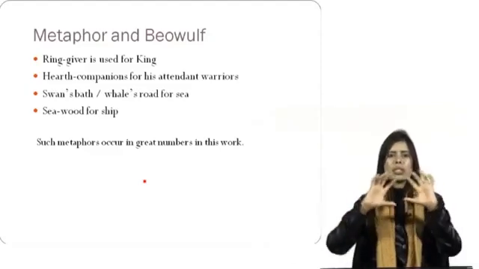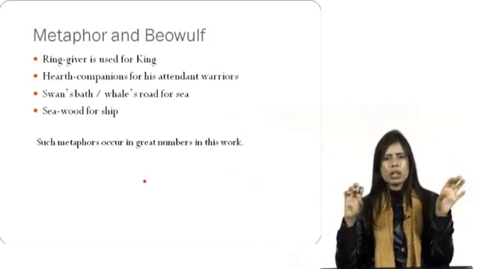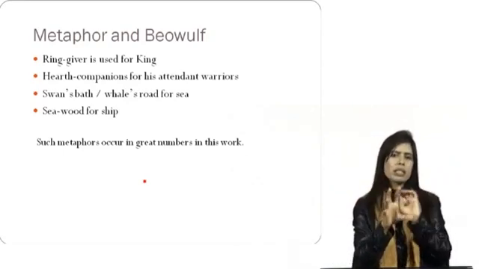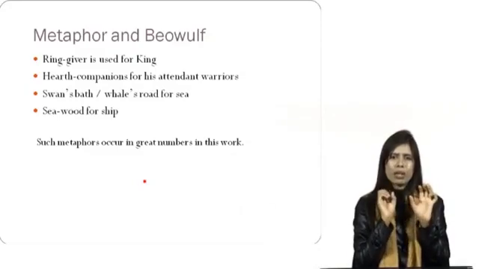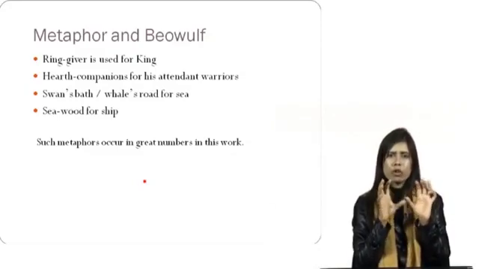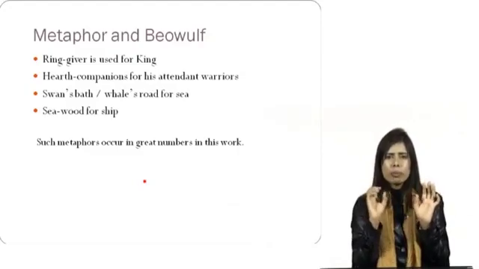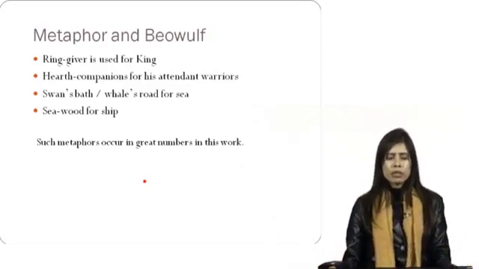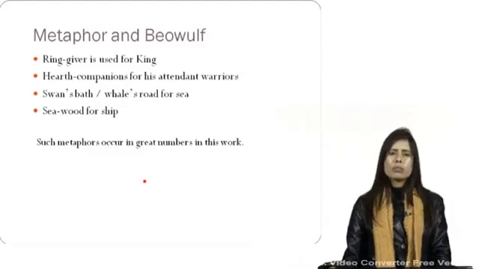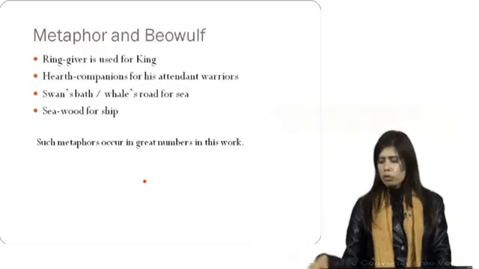So this is the metaphorical representation, like telling something through some other thing in an indirect way, in order to bring variety in your writing. So here you can see the kind of metaphors which were used in Beowulf. Such metaphors occur generally in great numbers in this work. So these metaphors are very common in this work, the epic Beowulf.